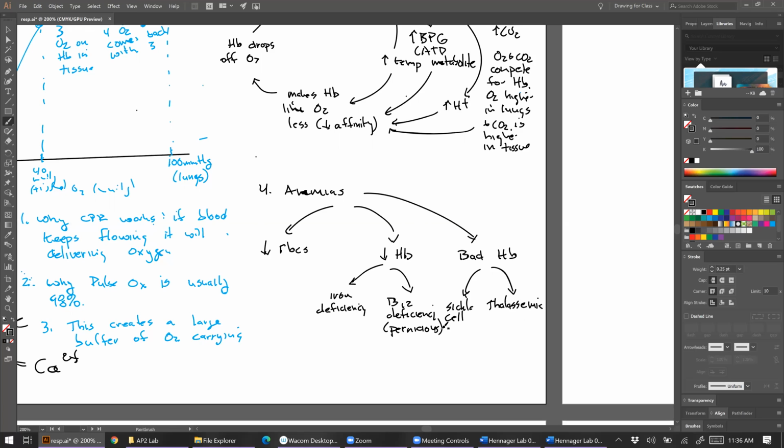The thing with B12 is, I'm going to keep saying this, you need the B12 to make methionine. You need methionine because it's the first amino acid in every protein you make. So if you don't have B12, you can't make protein, and if you can't make protein, you can't make hemoglobin, and so you won't have enough hemoglobin. So it's one of those things that's really important.